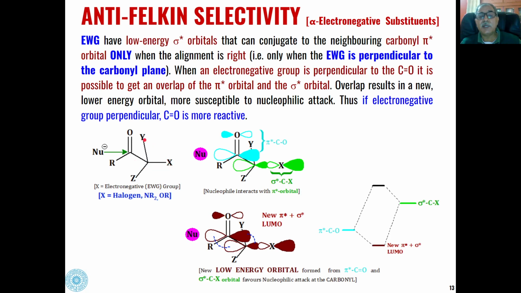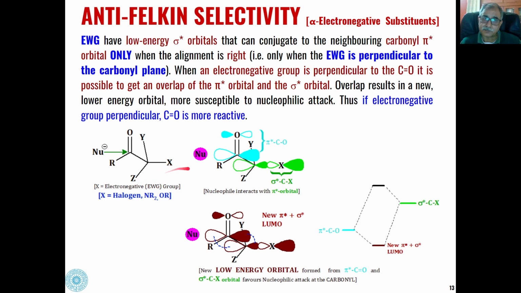And these are the three groups which are attached to the alpha carbon, and X is the electronegative group which is attached, and these are the two other groups. One group may be smallest and the other may be either medium or large in comparison to the halogen.